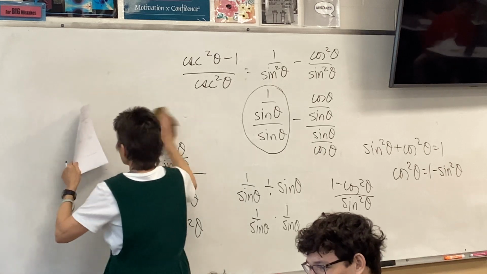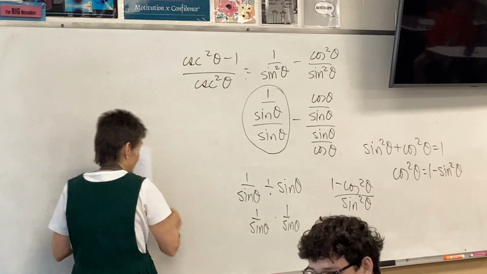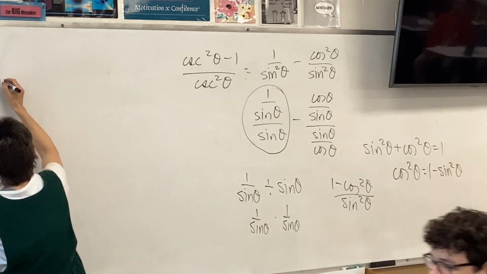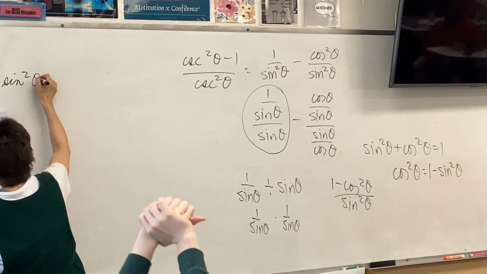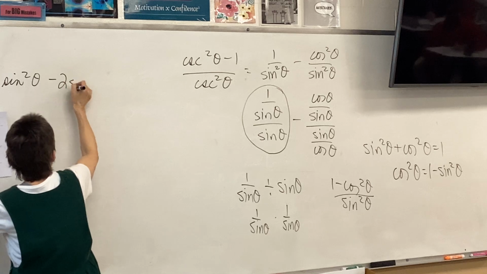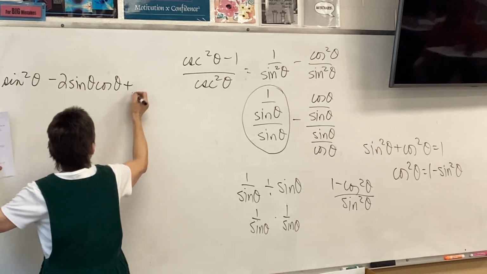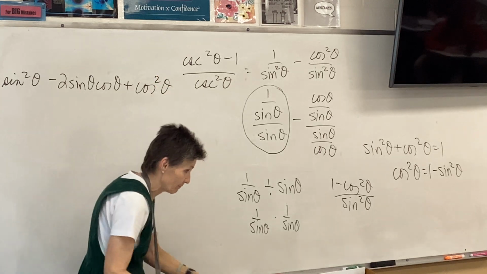What do you think you're going to do with problem 8? Yeah, FOIL it out, distribute it out. So let's see, I'm going to try to do that without writing it all out. That's going to be sine squared minus 2 sine cosine plus cosine squared. Is everybody okay with that FOILing?